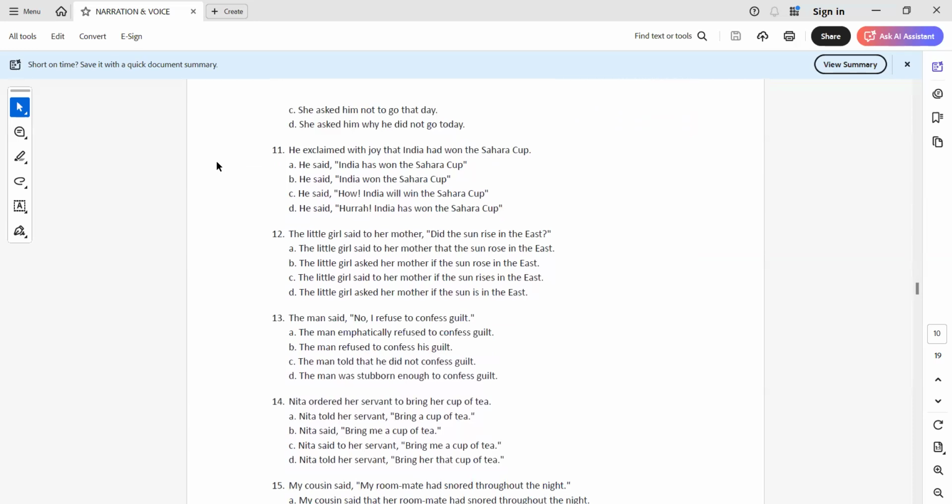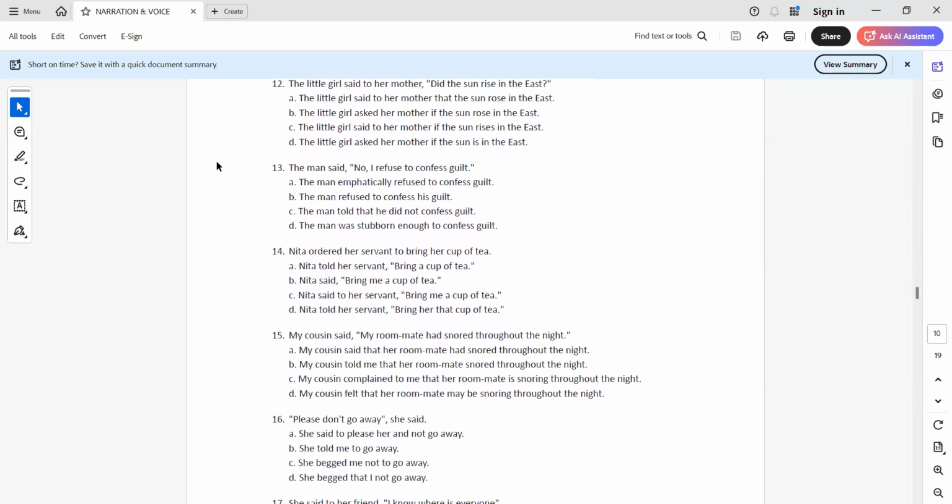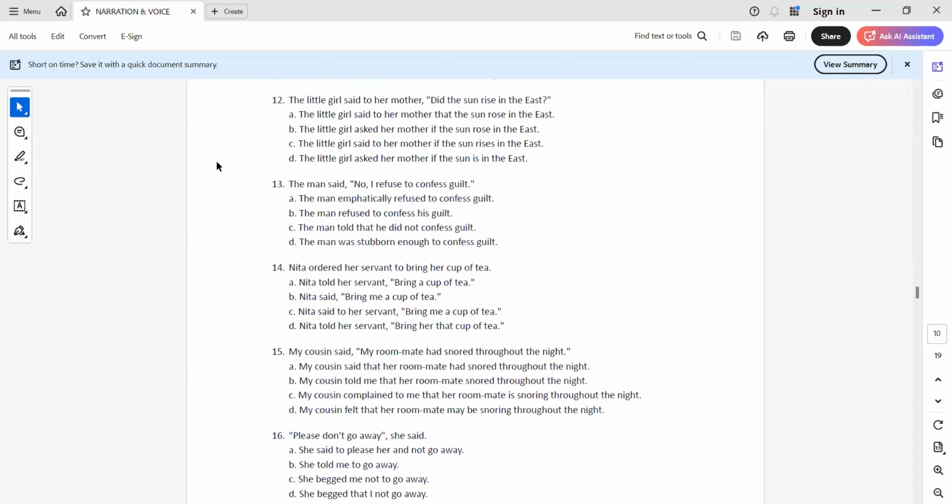She exclaimed with joy that India had won the Sahara Cup. She said, Hurrah, India has won the Sahara Cup. Correct. The little girl said to her mother, did the sun rise in the east?